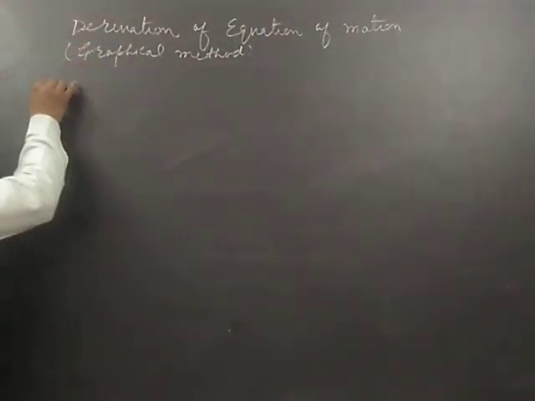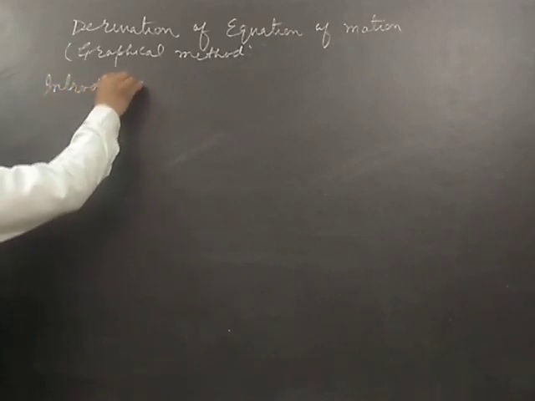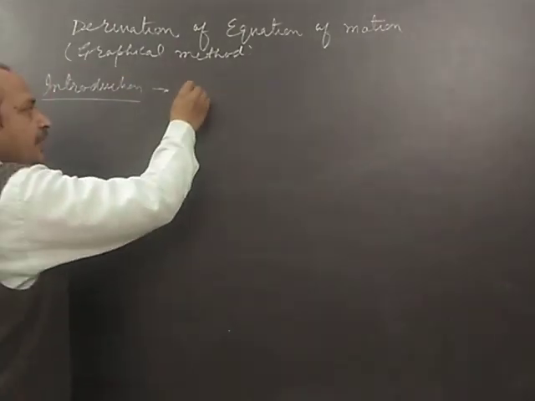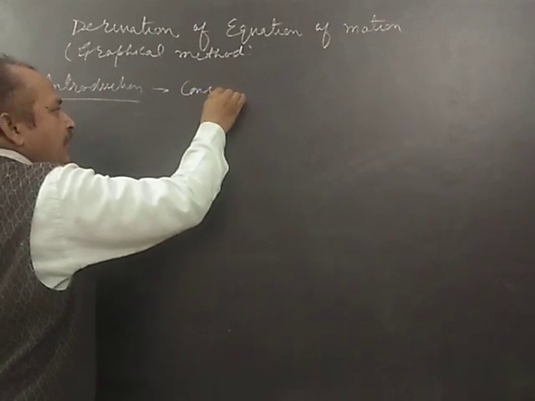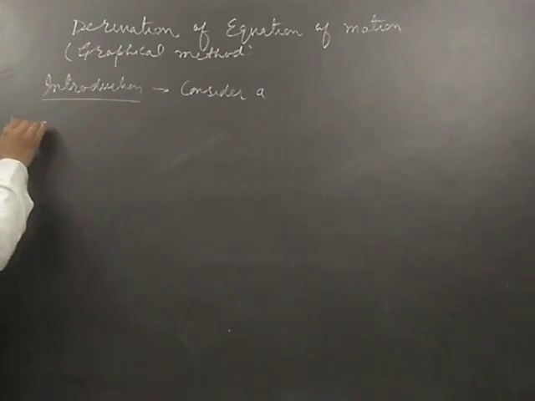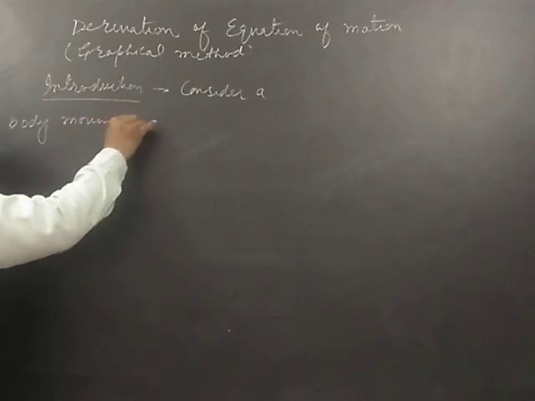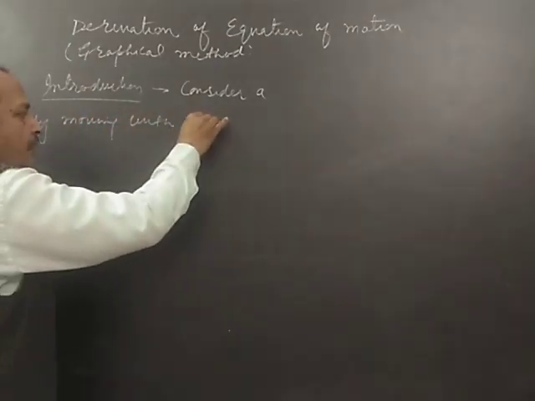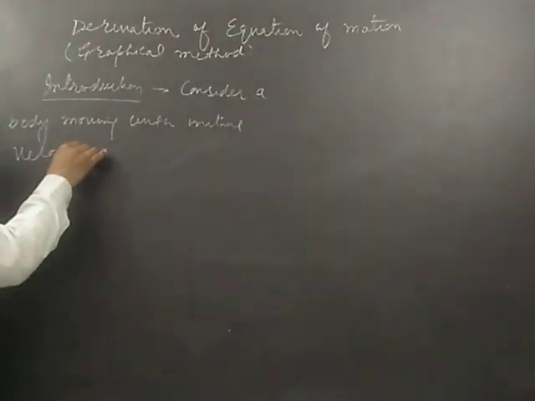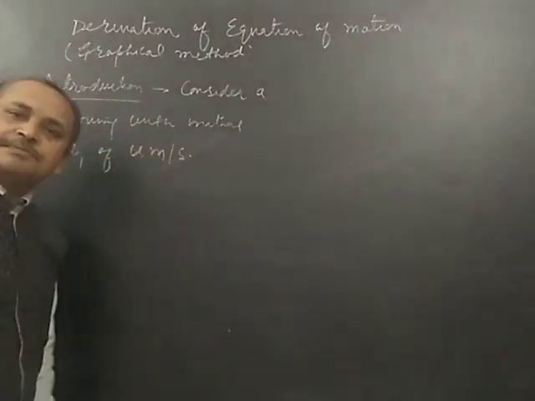So again, I will start with the first equation of motion and write the introduction. Introduction is same. Consider a body moving with initial velocity of u meters per second.